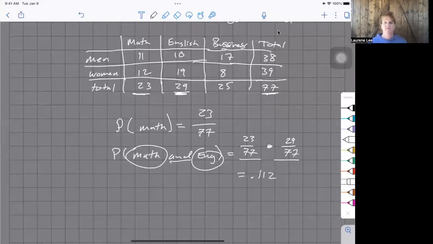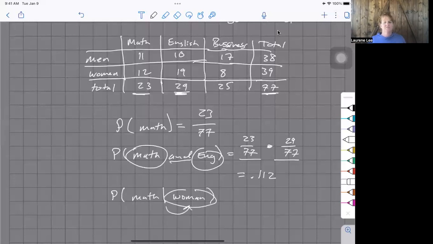Now, let me show you how this idea of given that, or dependent things, works in a chart scenario. I could say, what's the probability that I pick a math person given that they are a woman? Now this is a little bit different, because of how the chart works. All this is saying is that given that it's a woman just restricts my sample space.